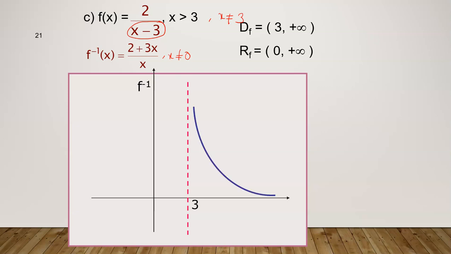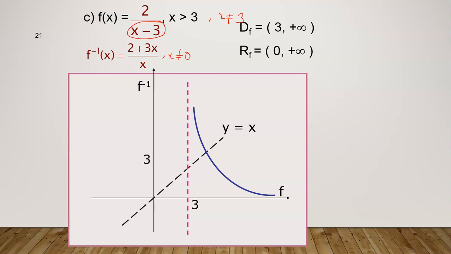Okay, so this is a reciprocal function, right? So this is the graph, right? Usually there will be two parts, but since we just consider x greater than 3, then this is the graph. All right, and then we sketch the line of y equals to x.